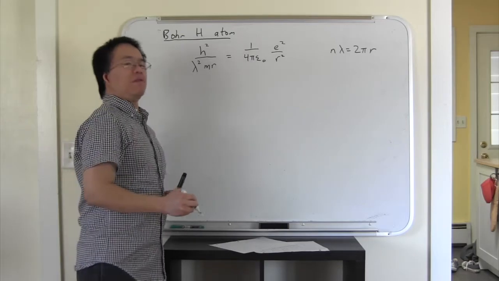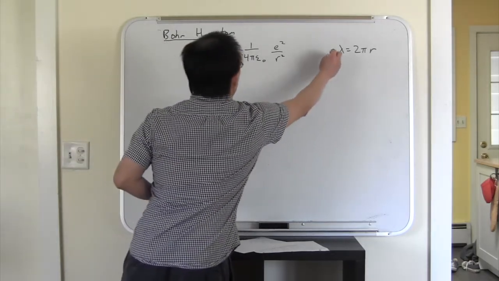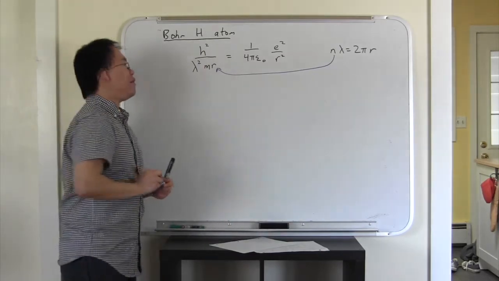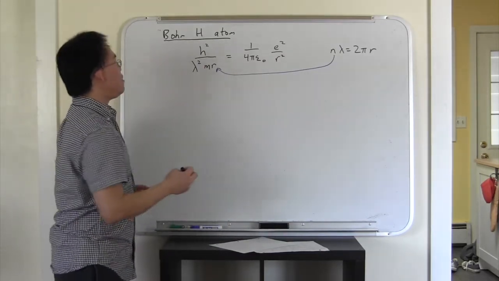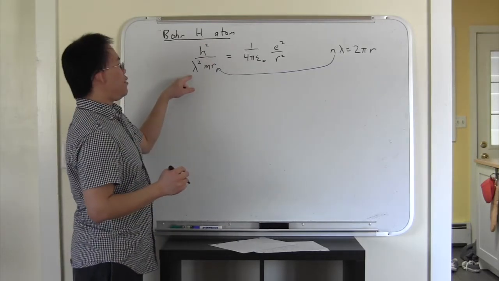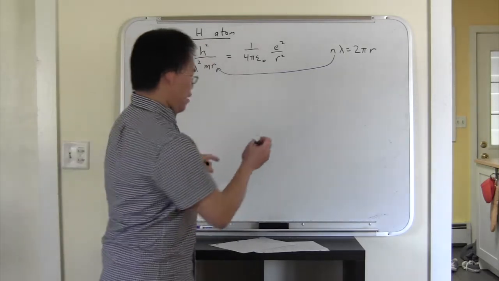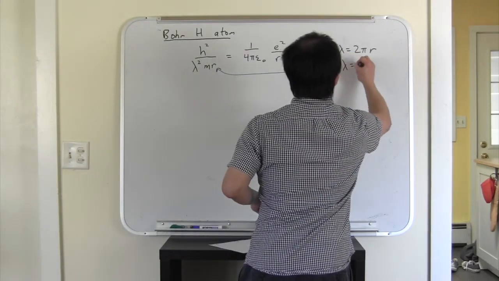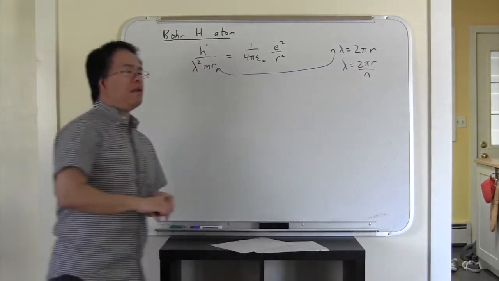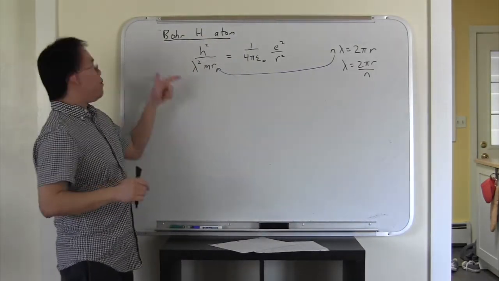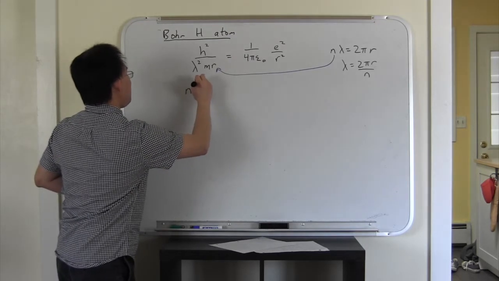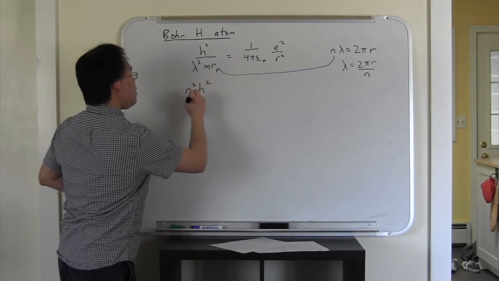So as I said, what we'll need to do is plug this quantization condition in over here for lambda. So I'm going to have lambda squared downstairs. This gives me lambda over 2 pi equals 2 pi r over n. So when I have 1 over lambda squared, I'll get an n squared upstairs. So I have n squared h squared.